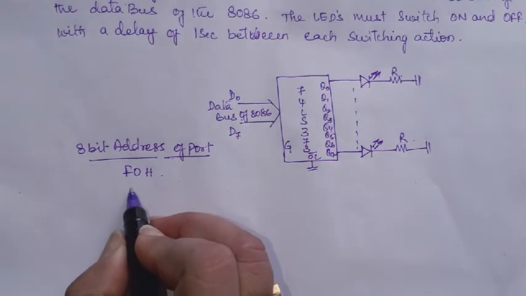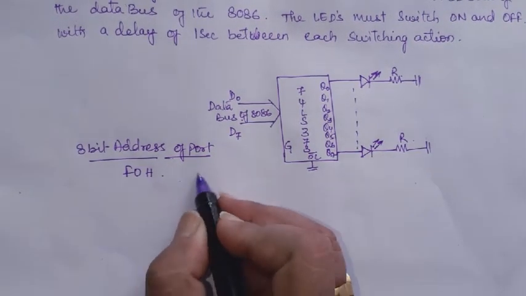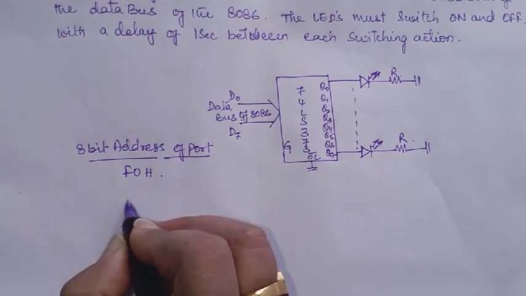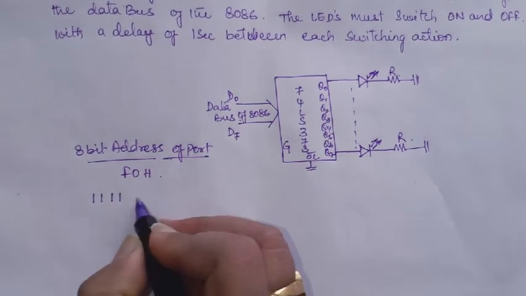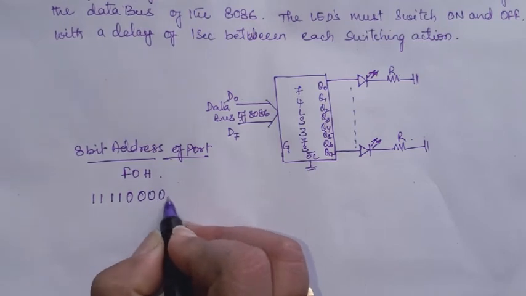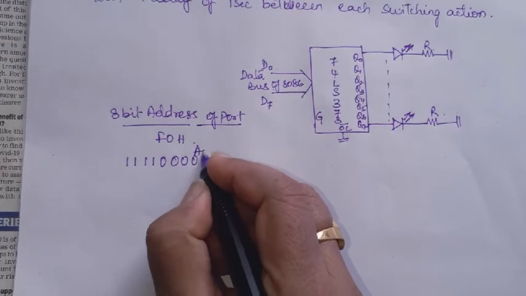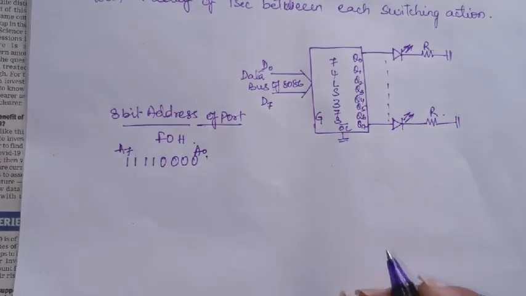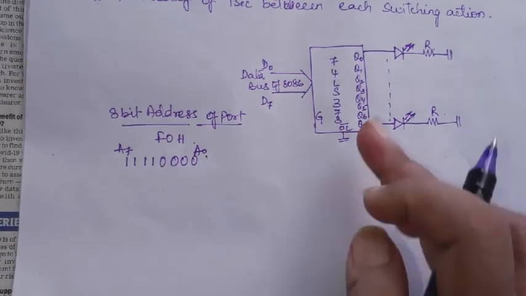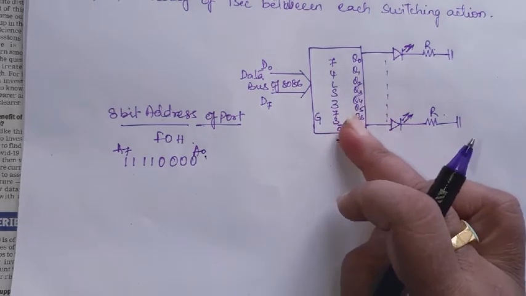Let us select F0H as the port address. Then F0H means 11110000, this is the address A7 to A0. So this is to be decoded and this chip must be selected.